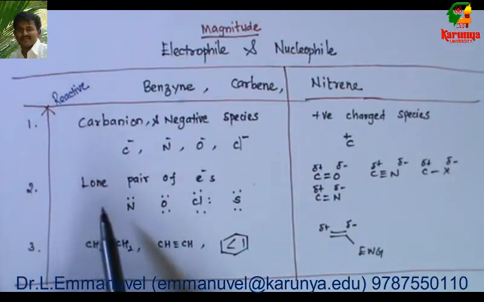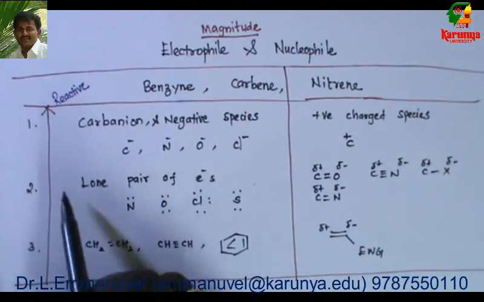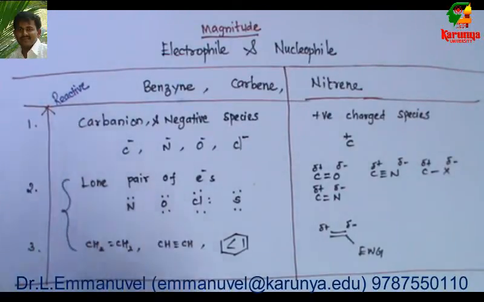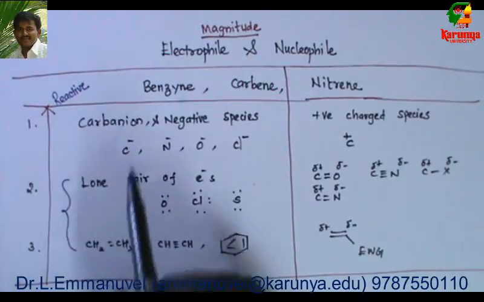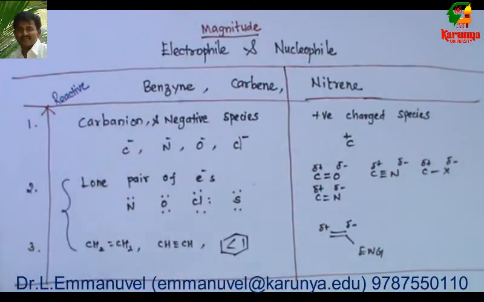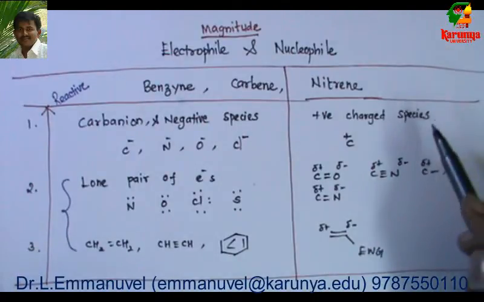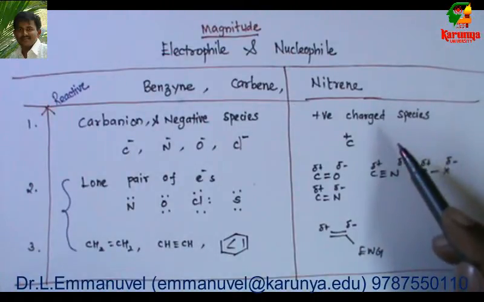Then afterwards lone pair of electrons, then alkene, alkyne and aromatic ring. So these things, they are not that reactive and they exist in the molecule as such. But these negatively charged species will not exist. Even if they exist, they will be highly reactive. Similarly, this carbocation is highly reactive.